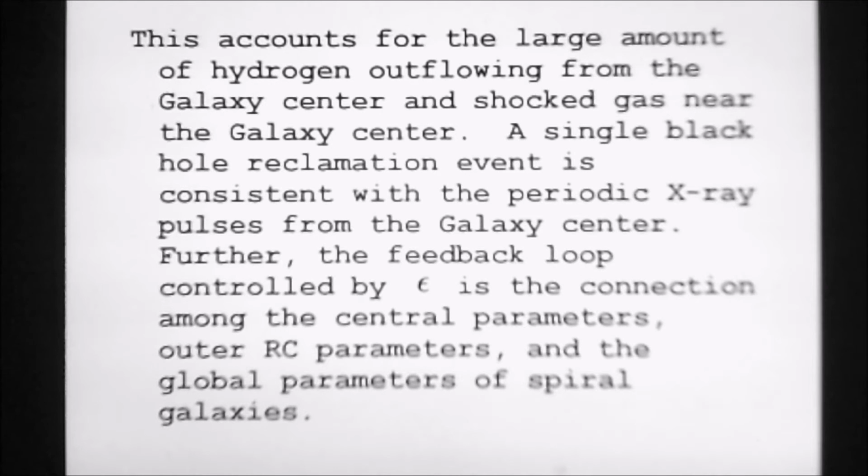This accounts for the large amount of hydrogen outflowing from the galaxy center and the shocked gas near the galaxy center. A single black hole reclamation event is consistent with the periodic X-ray pulses from the galaxy center that also do not have the other frequencies emitted with them. Further, the feedback loop controlled by the source strength is the connection among the central parameters, outer RC parameters, and the global parameters of spiral galaxies.